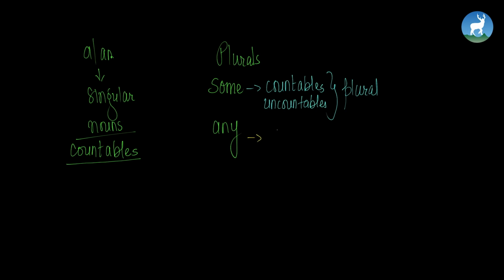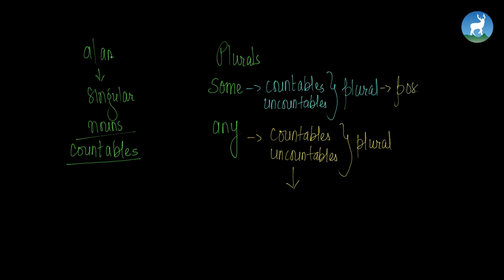Any is used for, again, countables and uncountables, countable nouns and uncountable nouns. They are also plural, but we have to keep in mind that some is used for positive sentences and any is used for negative and question sentences.